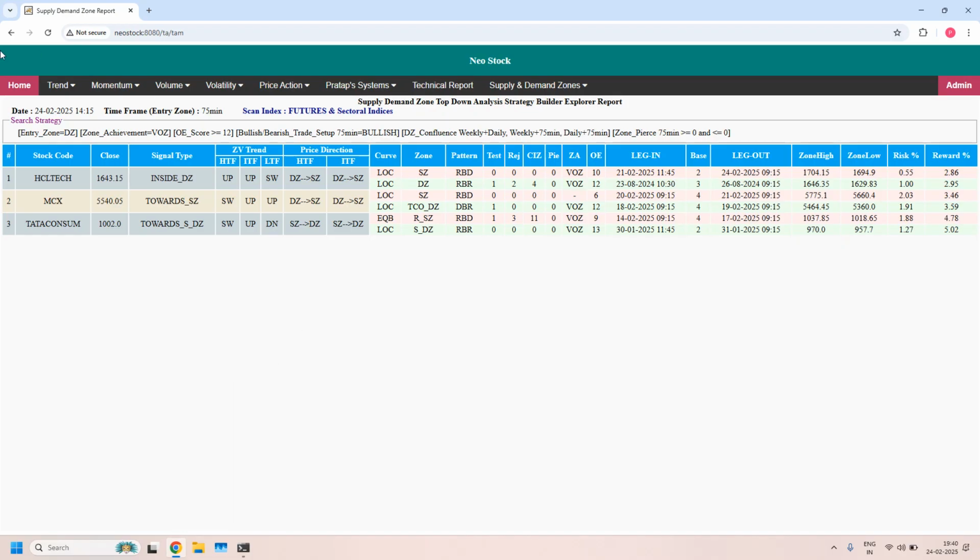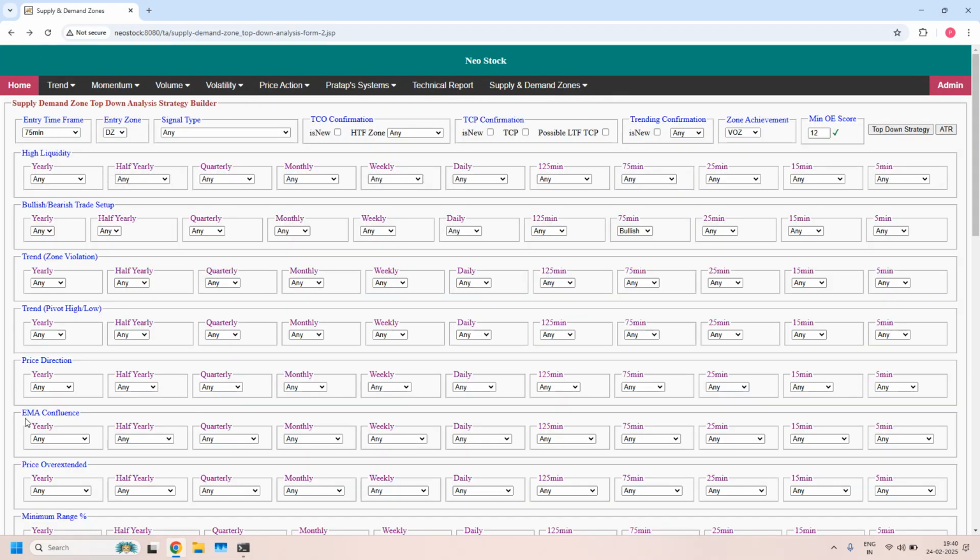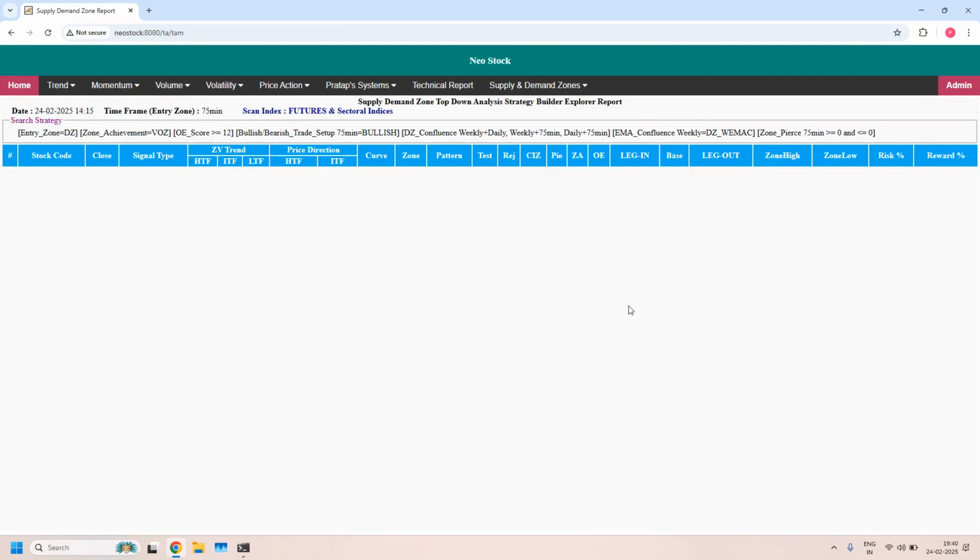Let us verify. In the EMA confluence at weekly time frame, I am setting the filter weekly demand zone having weekly EMA confluence or not. So it is not having weekly EMA confluence. Okay, this is about bullish trade setup, weekly income trade.